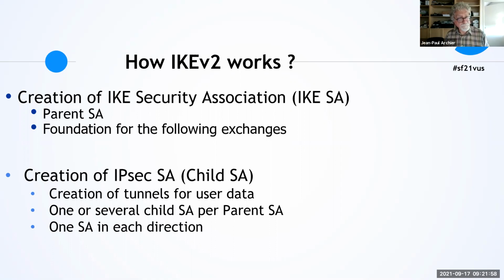This is the first step. In the previous version 1, this step was very often named phase 1. And phase 2 of version 1 is now more or less included in the creation of the IPsec Security Association, also named Child SA.